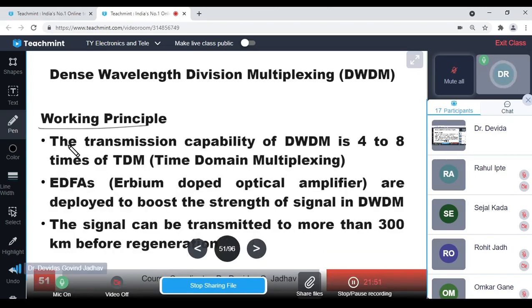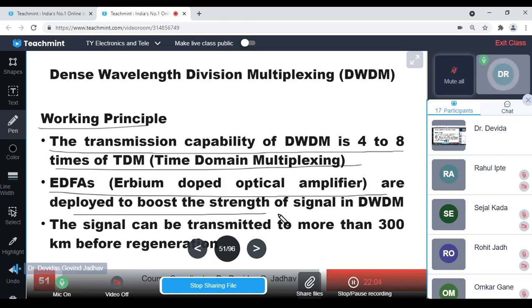Then in working principle of DWDM, the transmission capability of DWDM is 4 to 8 times that of TDM, time domain multiplexing. The EDFA, erbium doped fiber amplifiers, are deployed to boost the strength of the signal in DWDM basically, or any other SOAs also can be deployed. The signal can be transmitted more than 300 km before regeneration. This is one typical value.